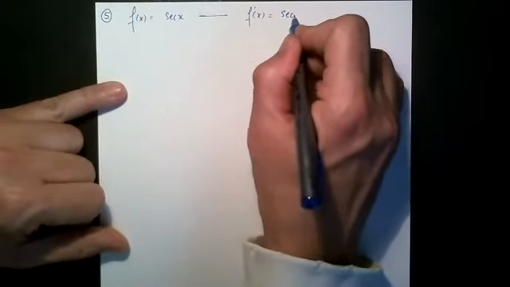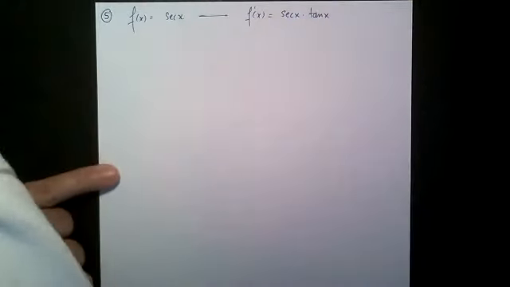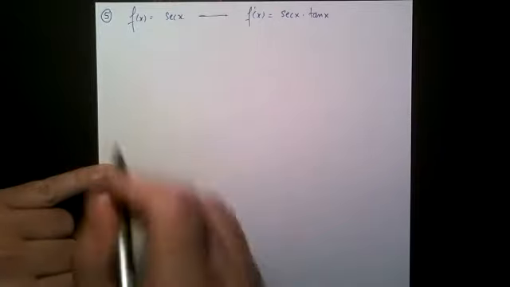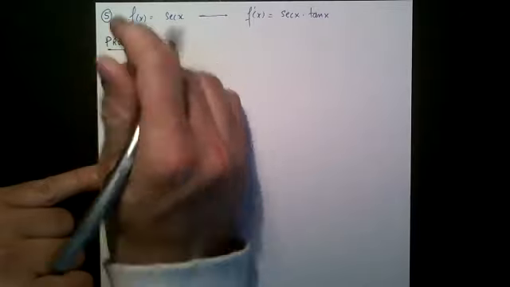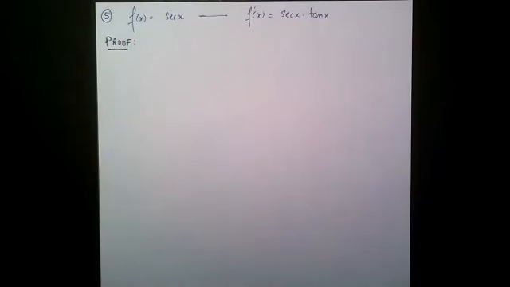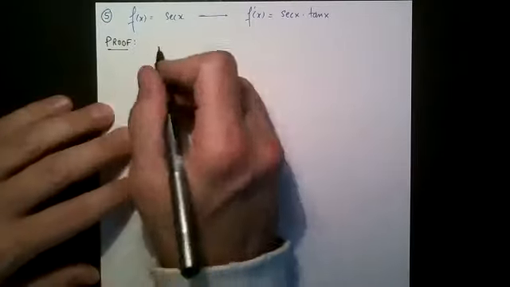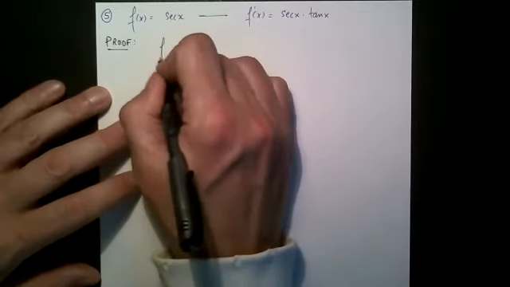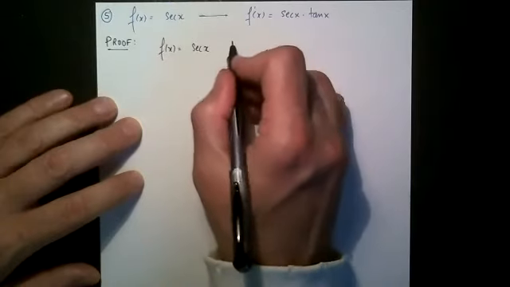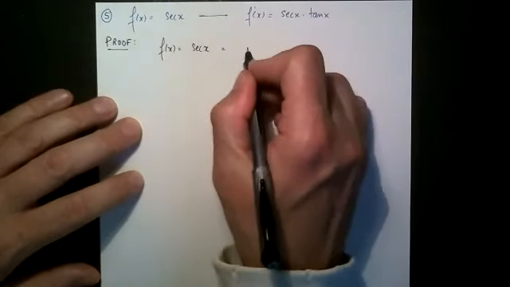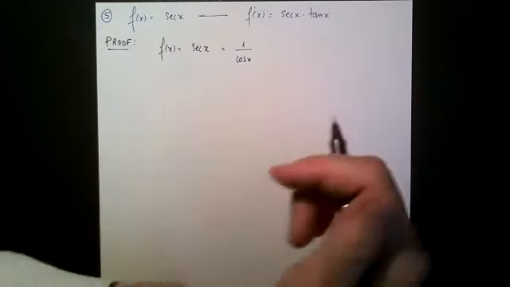Well, it would be secant of x times tangent of x. f of x is secant x, which is equal to 1 over cos x.